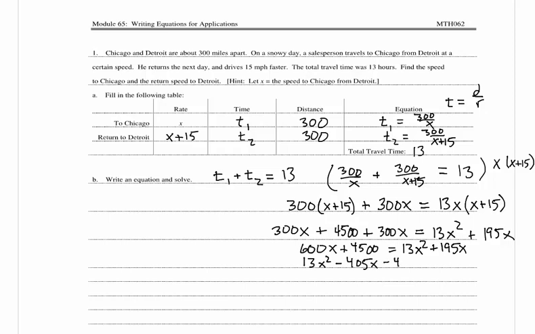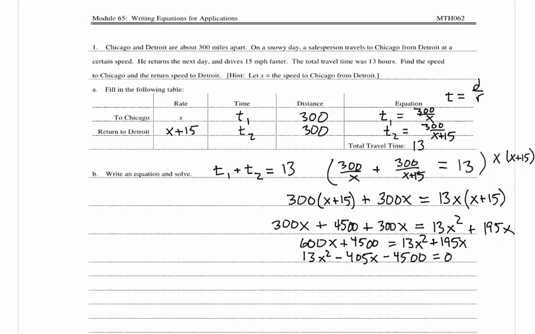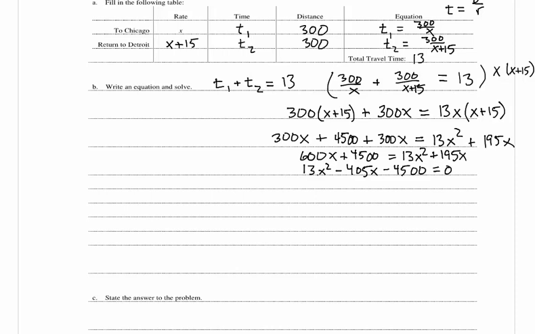And minus 4,500 is equal to 0. And now we're going to use the quadratic formula to solve this. And a is equal to 13. B is equal to negative 405. And C is equal to negative 4,500.